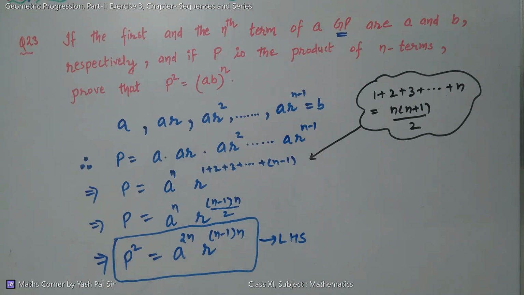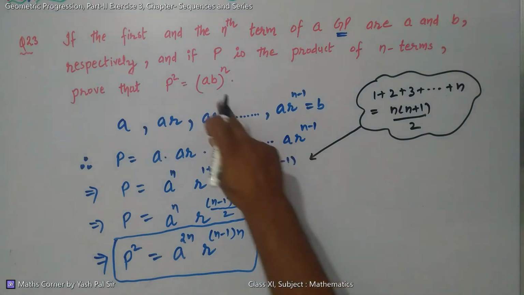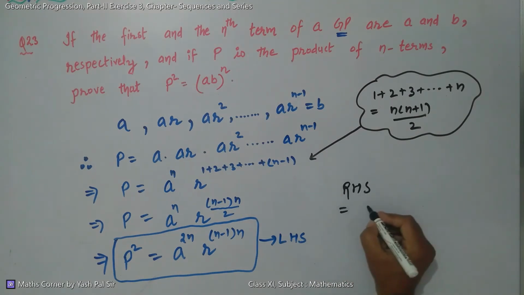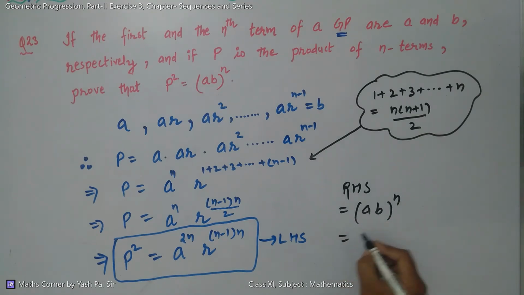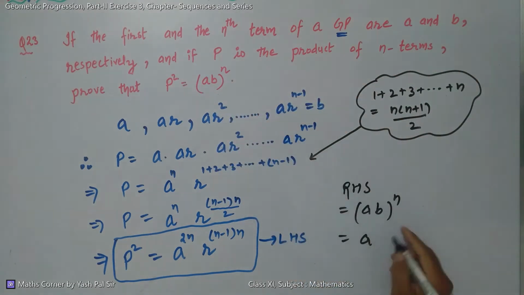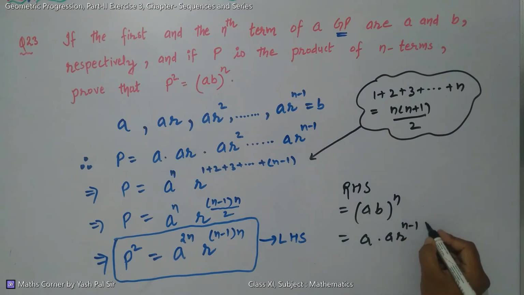Now what is the right hand side? Right hand side is (AB) whole raised to power n. What is A? This is A. What is B? This is AR power n minus 1, whole raised to power n.